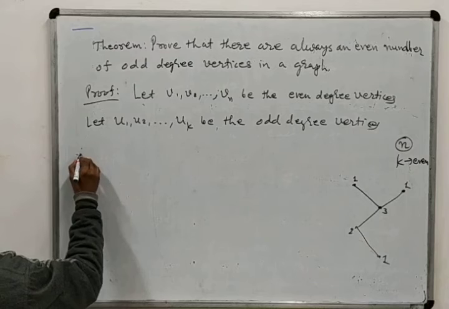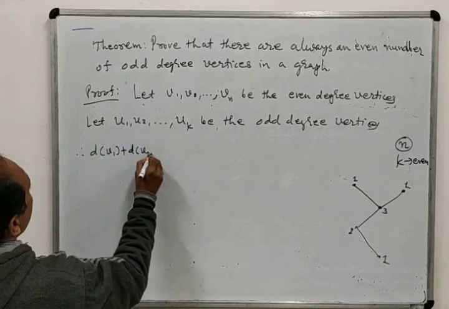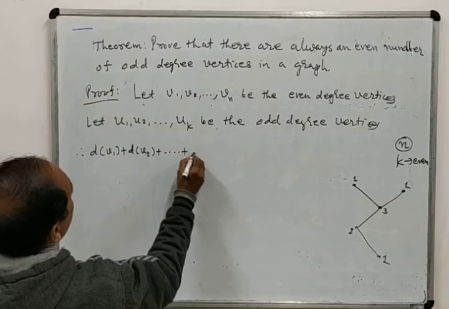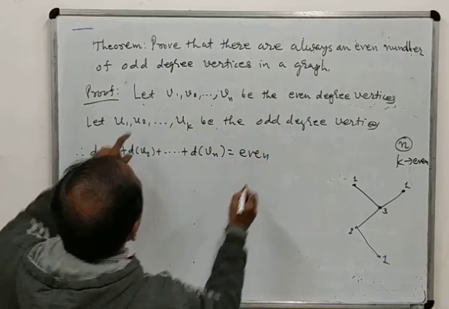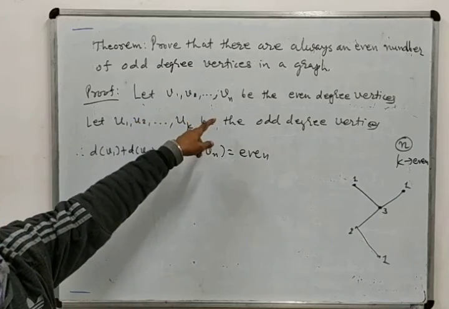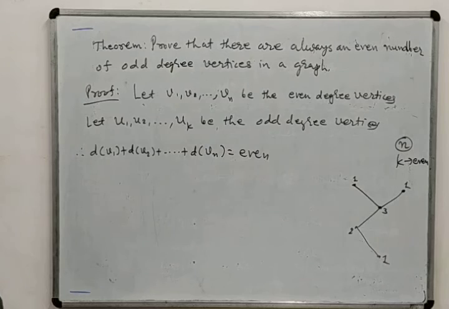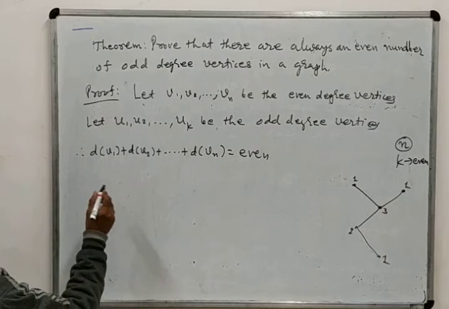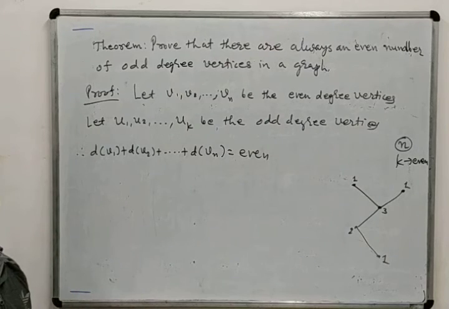Therefore, degree of V1 plus degree of V2 plus degree of V3 plus ... plus degree of Vn is always an even number, because all are having even degree, so that total is also an even number. Okay? But we know from the previous theorem, from the last theorem, that the total degree is always even.